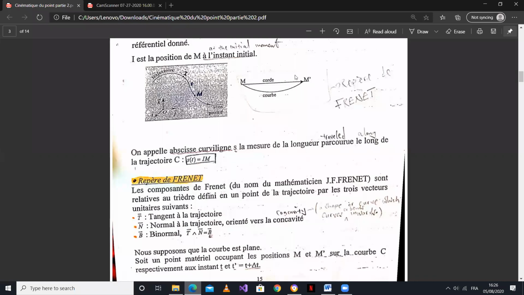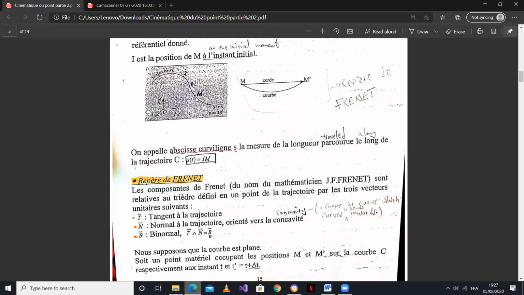Now they're telling us that M and M prime are very close to each other. So if you have two points that are close to each other, the arc and the chord are almost going to be equal. Imagine I have this point here, M, and then I draw M prime just right next to it. Can you differentiate between the arc and the chord in this case?